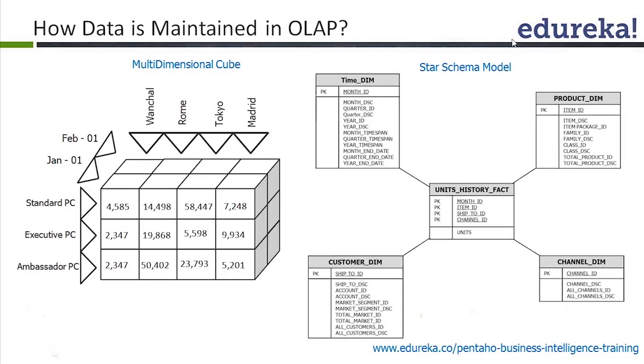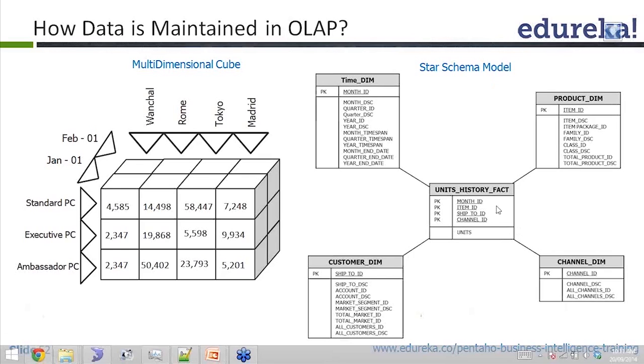On the right side you can see the star schema model. The central part is a fact, where key measurements will be listed. On the left side, top corner, you can see the time dimension, with all time-related information.